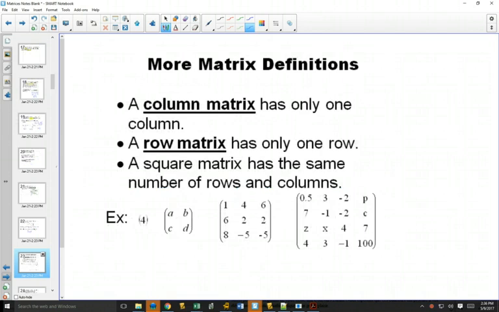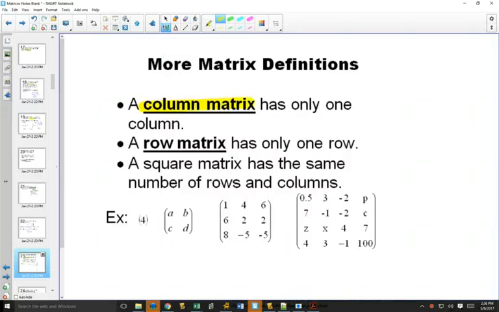So some more definitions. If you have a matrix with only one column, we call that a column matrix. Nice definition. Beautiful definition.